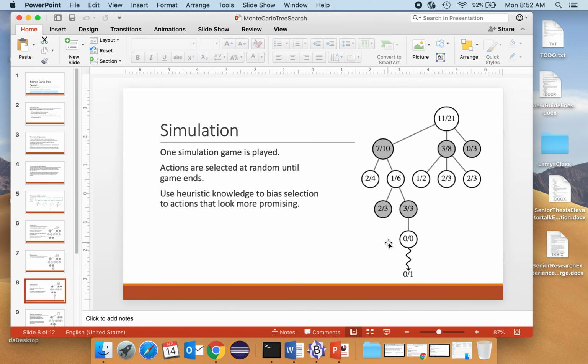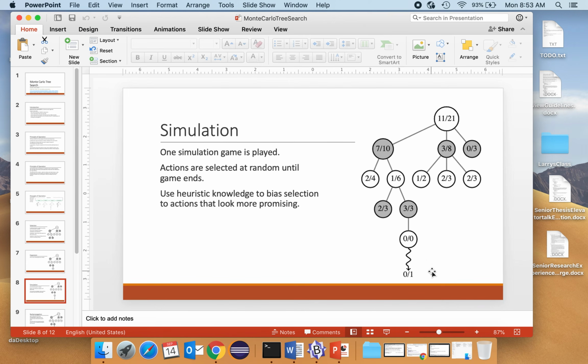As I mentioned before, we make random moves until the game ends, until the goal state is satisfied, either I won or my opponent won. Again, you can use some heuristics to bias the selection of actions that look more promising, certainly, but don't spend too much time on it, because Monte Carlo tree search derives its power from playing many, many, many games.